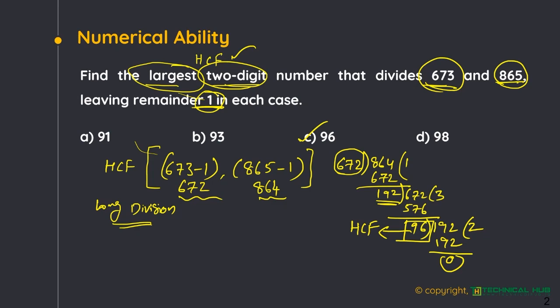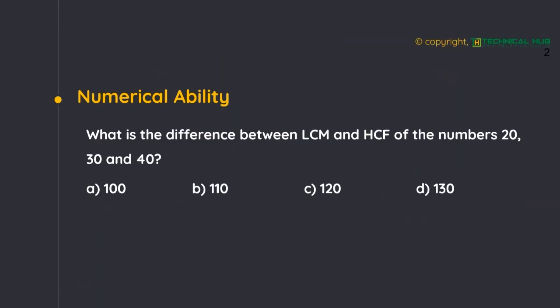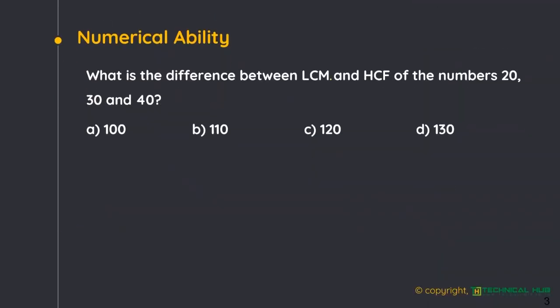What is the difference between the LCM and HCF of the numbers 20, 30 and 40? Here we need to calculate the difference of the LCM and HCF of these numbers. So first you calculate the LCM of these three numbers. After that you calculate the HCF of these three numbers.